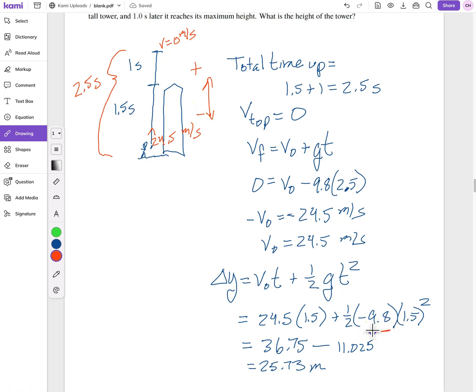And because gravity is down, we're going to make it negative 9.8. And that's really important here because you'll notice that you'll end up subtracting 11.025 instead of adding it. So now we have 36.75 minus 11.025, and that gives us 25.73 meters.